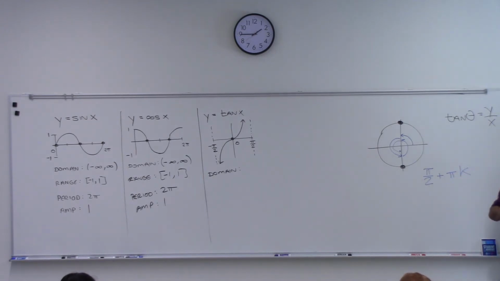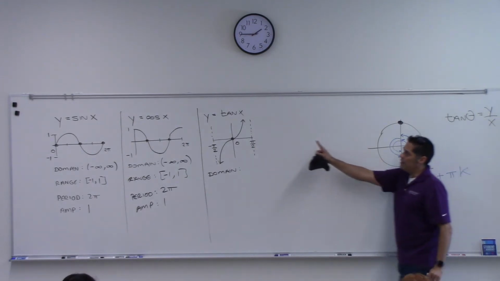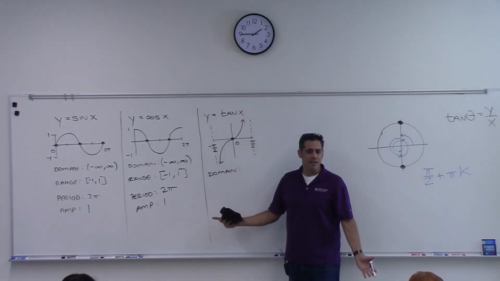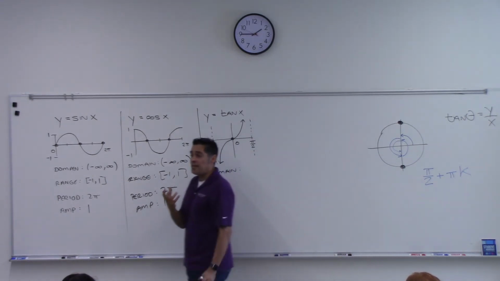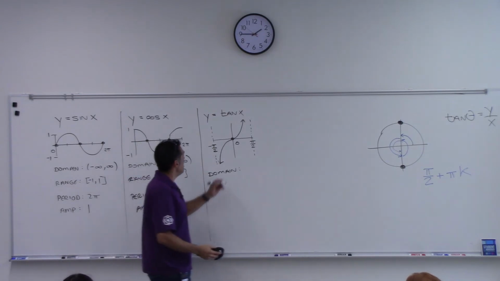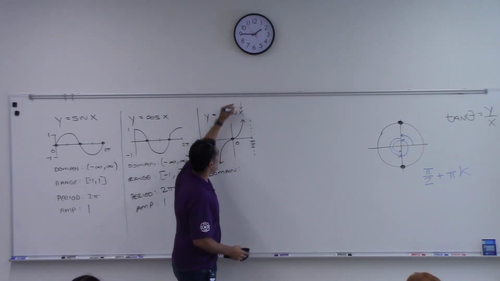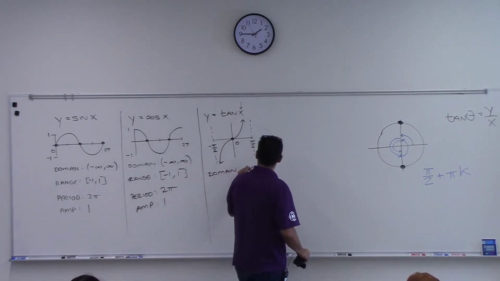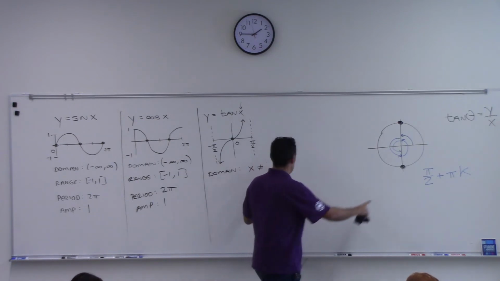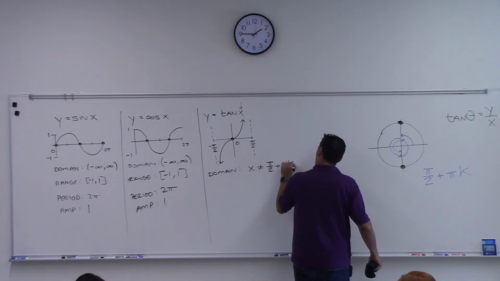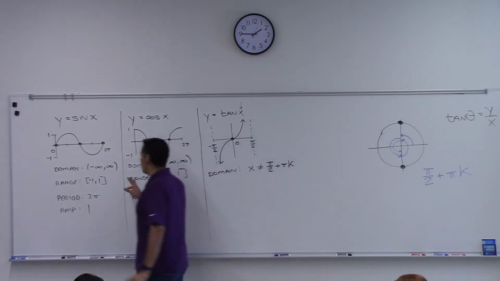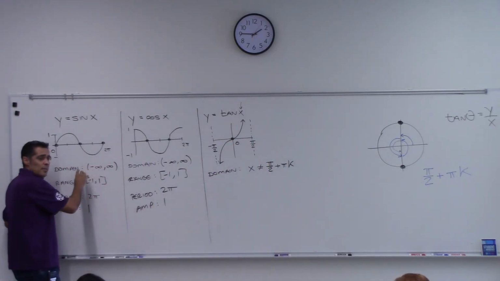Right? If this ever happens, tangent is undefined, right? So when I say domain, what I want to say here is this. I want to make sure that the x you plug in is never any of these. Do y'all see how this is a lot more complicated in terms of domain than this is?